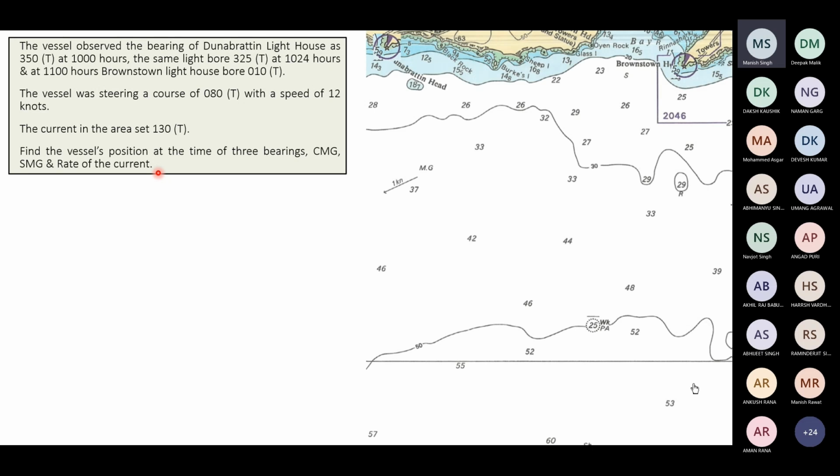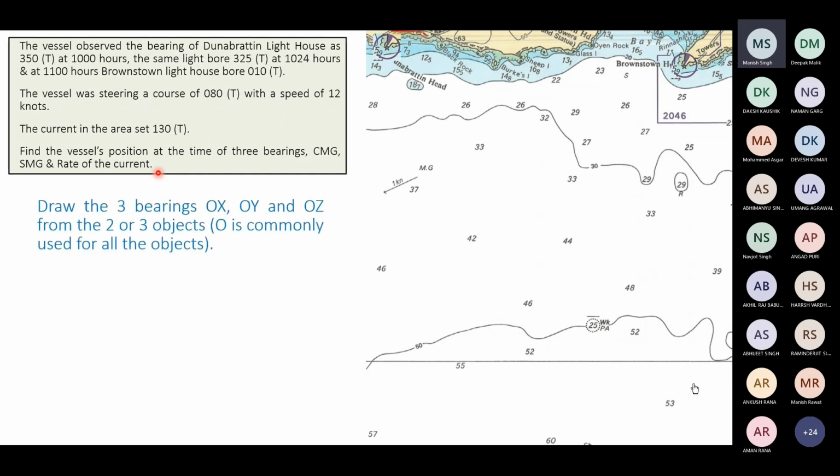I have the chart on the screen now. Let's first of all identify the two lighthouses in our case. This is the first lighthouse which we have, the Tuna Britain lighthouse. And this is the second lighthouse which we have, the Brownstone lighthouse.